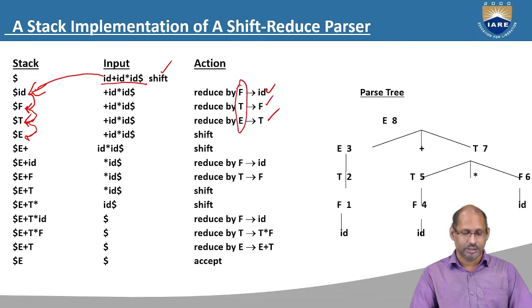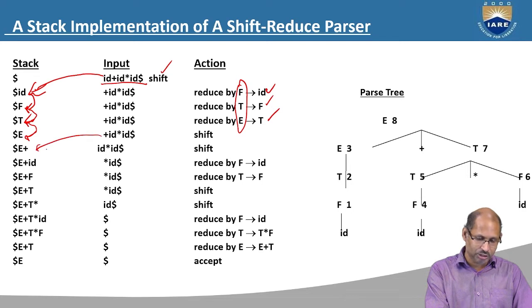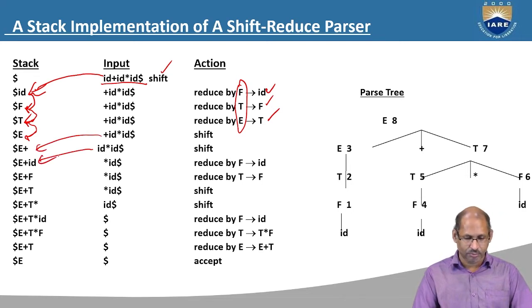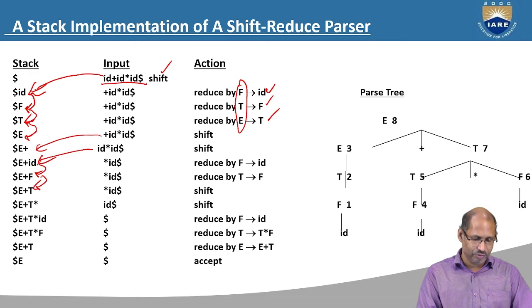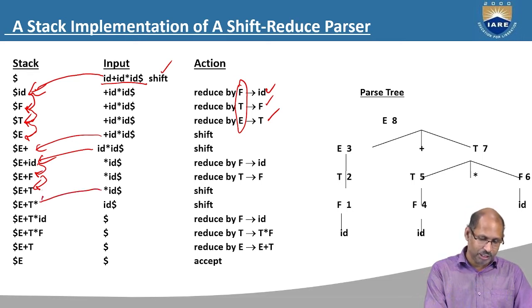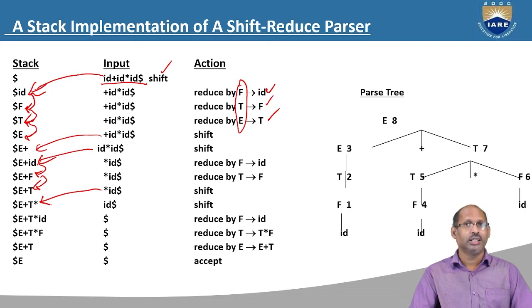non-terminals. Then perform the shift action. Then ID as F, F as T. Then move this multiplication, E plus T into.